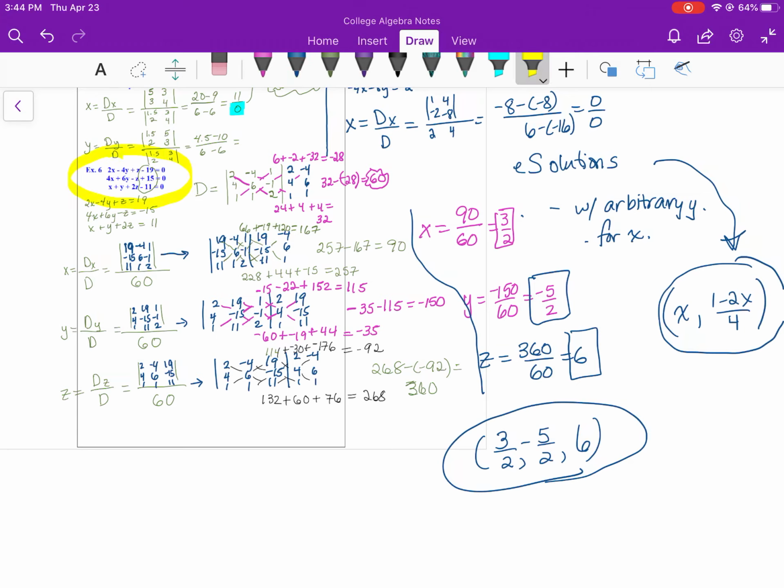So find y. So if you had to find y, you would set up dy and d, and then you would have two determinants that you would have to find and divide. With these problems, they're not going to ask you to find x and y and z on a test or a quiz. That would make the problem way too long.